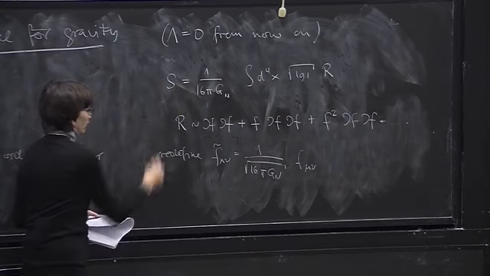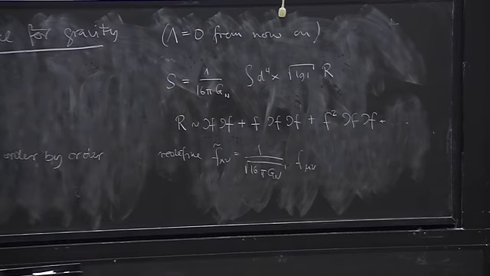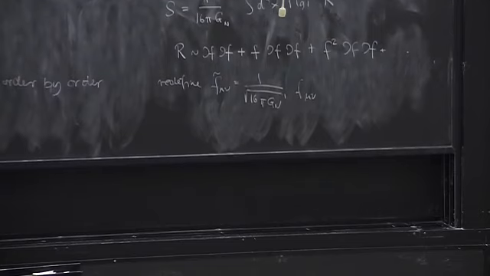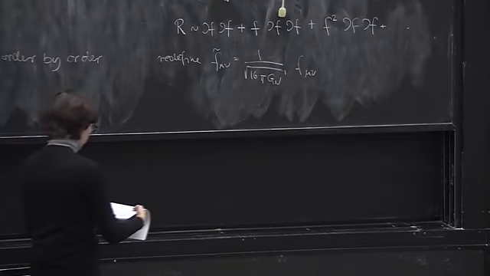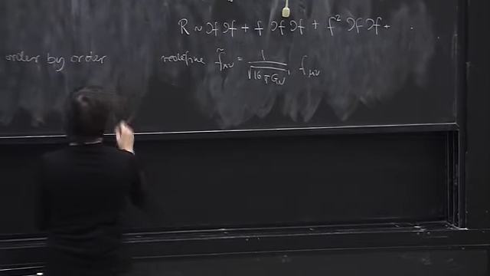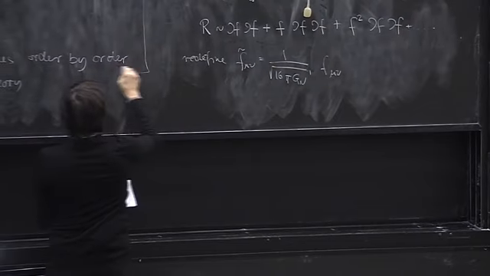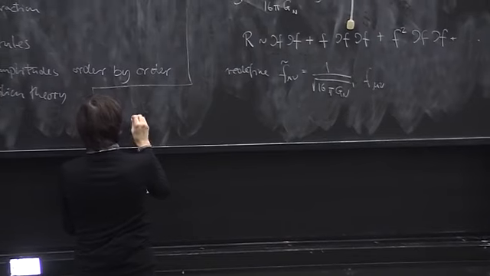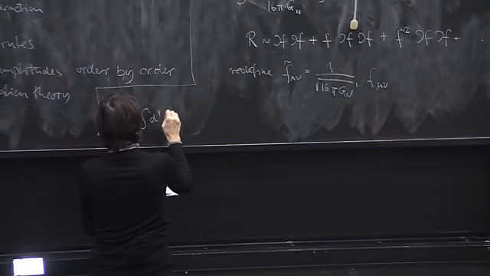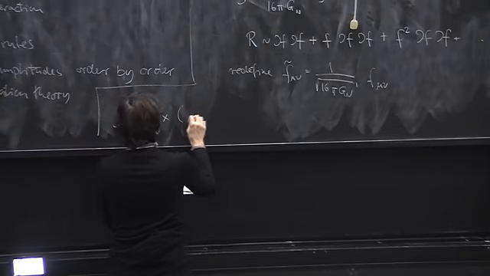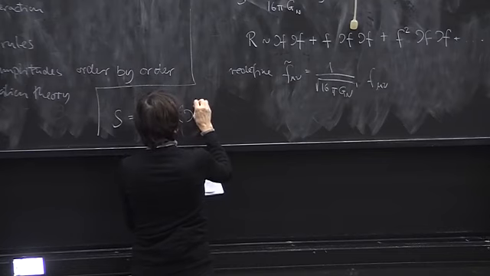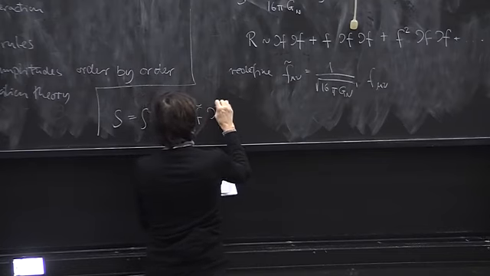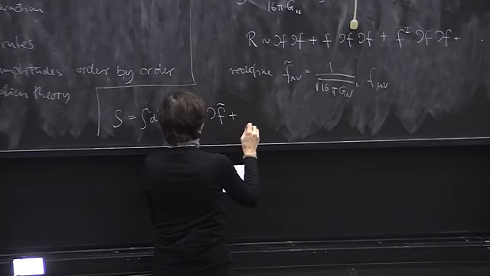That will get rid of the prefactor, and it will make my action assume the following form. So S will be equal to the integral d4x of del f tilde, very schematically, plus.